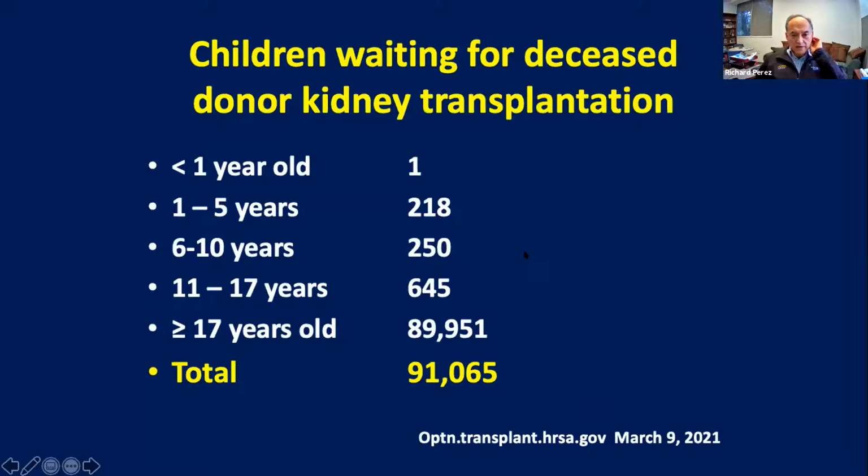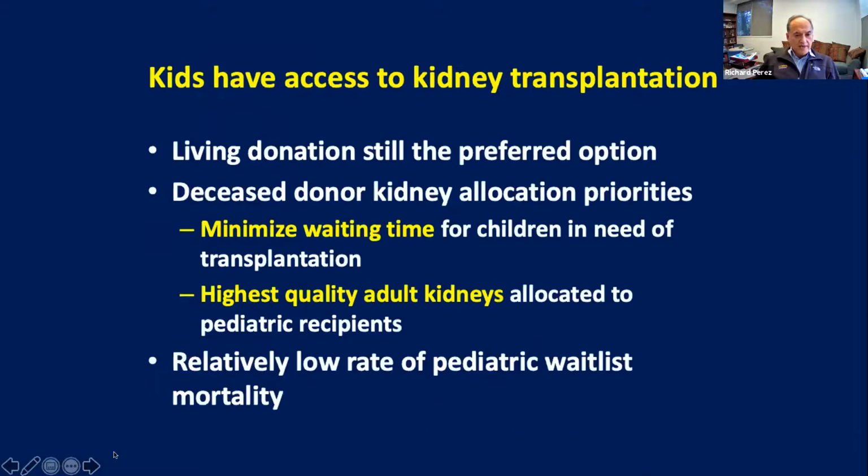So for kids, I don't want to underestimate the problem with children, but the reality is there are fewer children on the wait list. As you can see, a little over 1,000 versus almost 90,000 adults. And by and large, kids have access to kidney transplantation. Living donation is still preferred. We always encourage that. But even if they don't have a living donor, there is a deceased donor allocation system in place that gives priority to children.